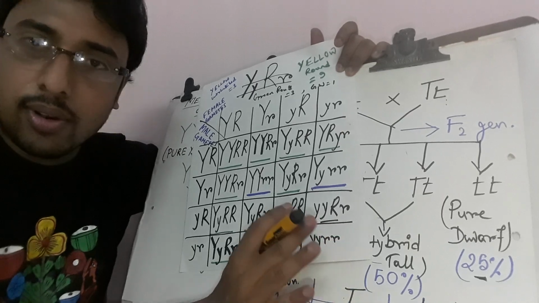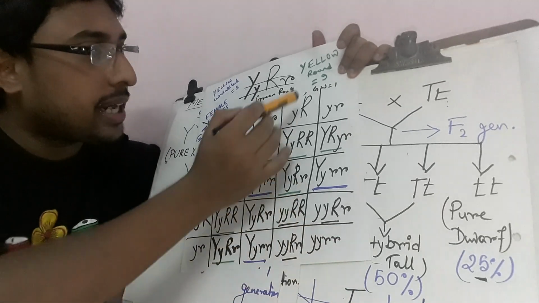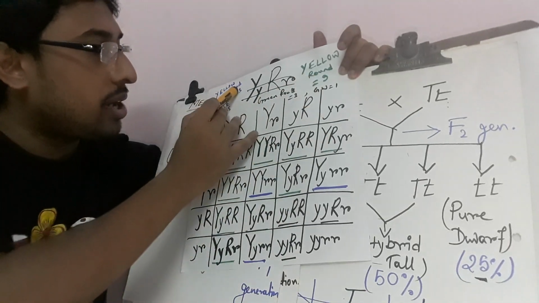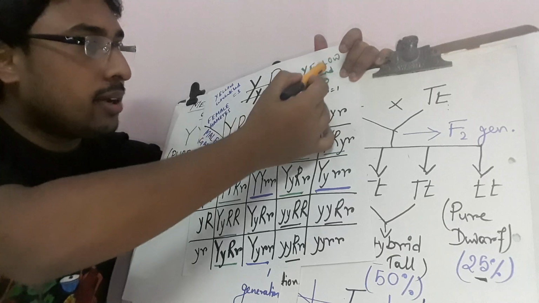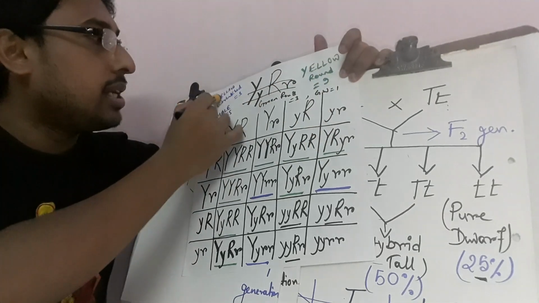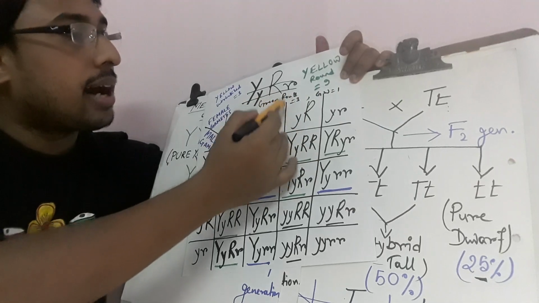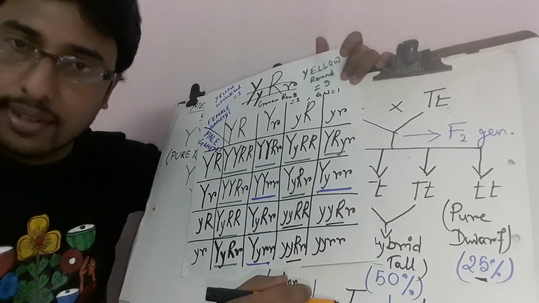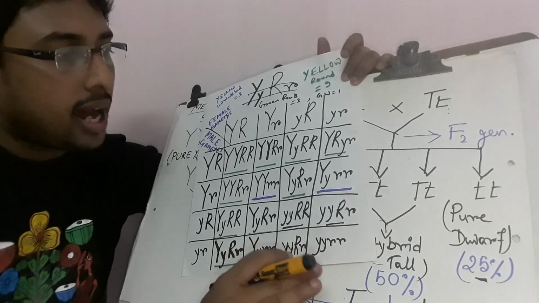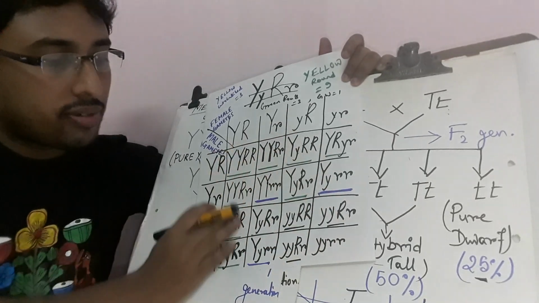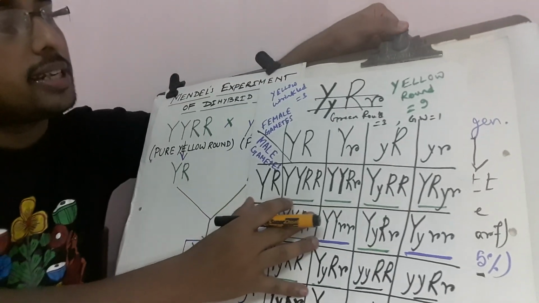So if you see the phenotypic character, the phenotypic ratio is 9:3:3:1. Why? Yellow round seeds to yellow wrinkled seeds to green round seeds to green wrinkled seeds, that is 9:3:3:1. And the genotypic character is very complex, so I will not explain it now.